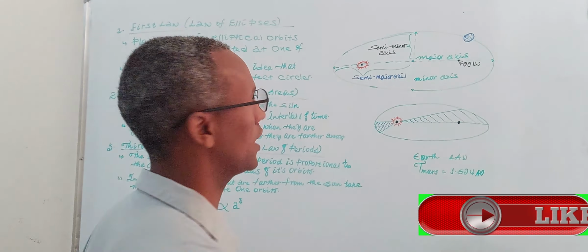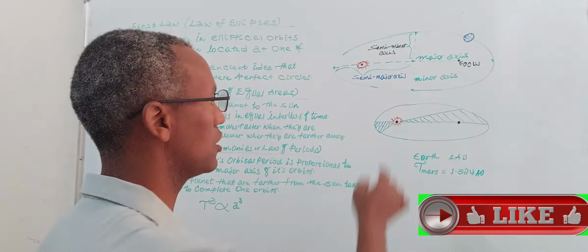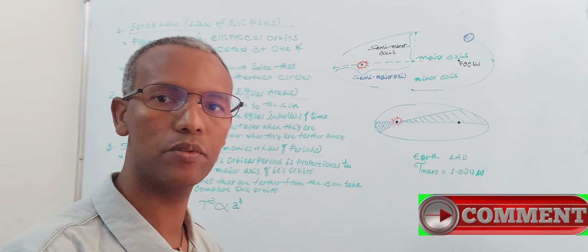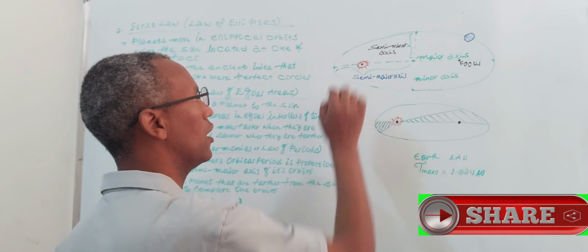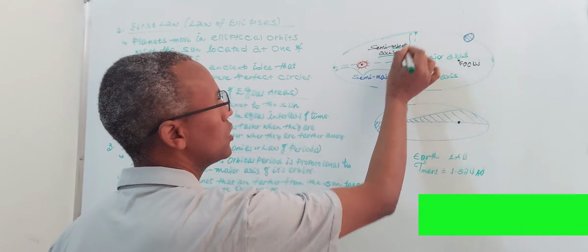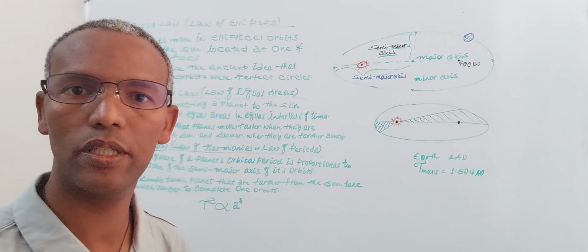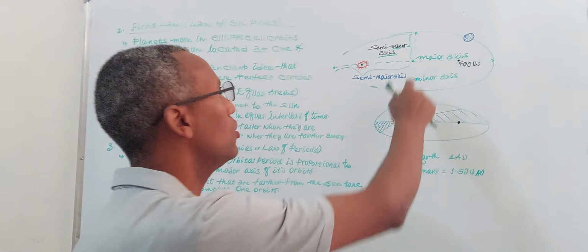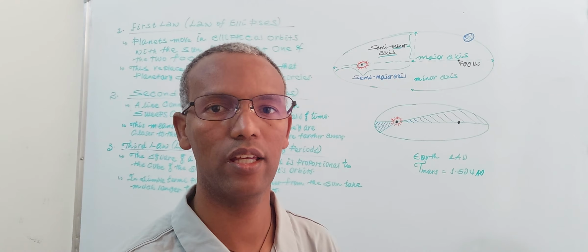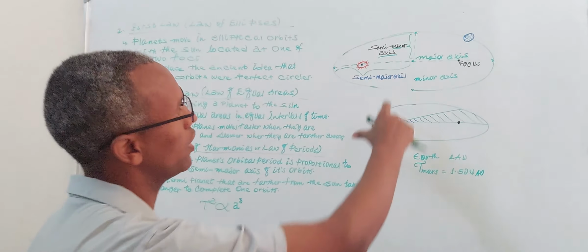The semi-major axis is the distance from one edge of the ellipse to the center. The semi-minor axis is the distance from the center of the ellipse to its edge. These are the key terms you need to know for an ellipse.